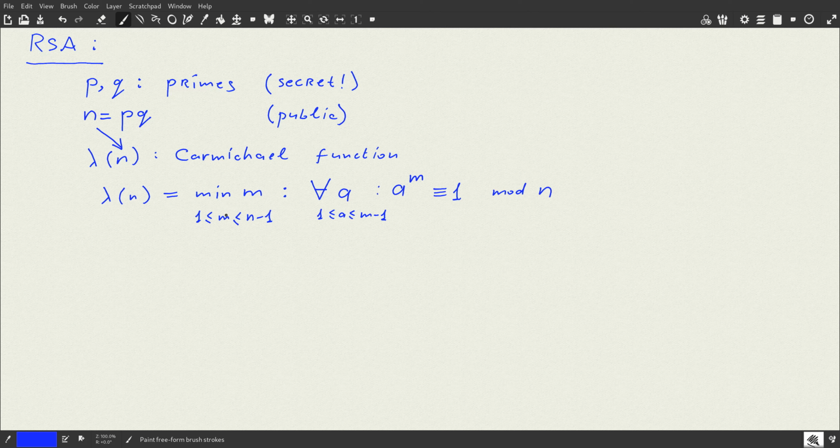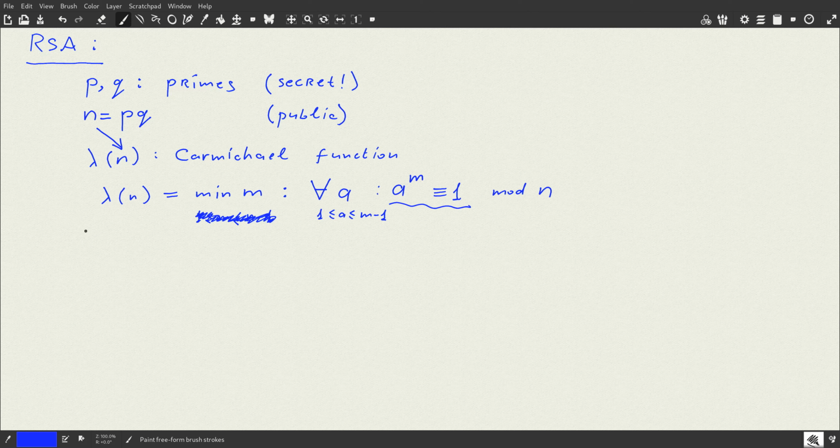Actually, just a second. No, I don't think we need even this constraint here. We do need a constraint on a. Yes, for all a from 1 to m minus 1. That whatever a we take to the power of m and then reduce the result modulo n, the result would be equal to 1.